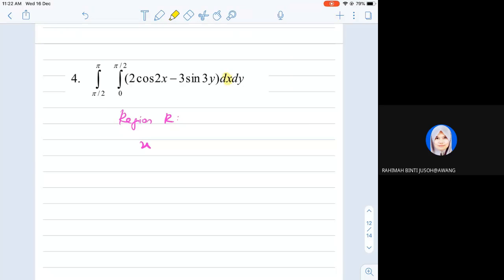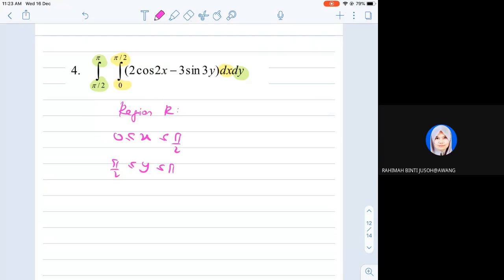Sebab kalau you tengok x from 0 until pi over 2. And then y, the outer from pi over 2 until pi. Okay, so we have x from 0 until pi over 2 and then limit of y from pi over 2 until pi. So basically if we sketch the graph, you will have something looks like this. Again, this is the rectangular region.